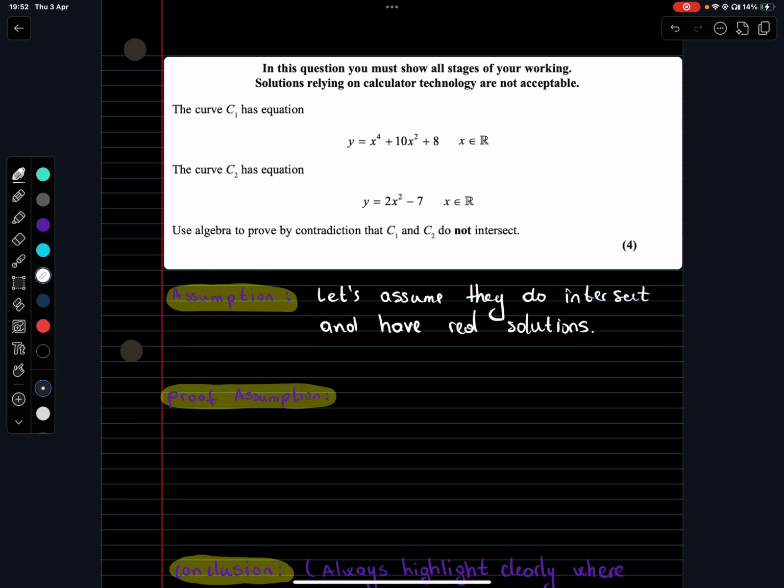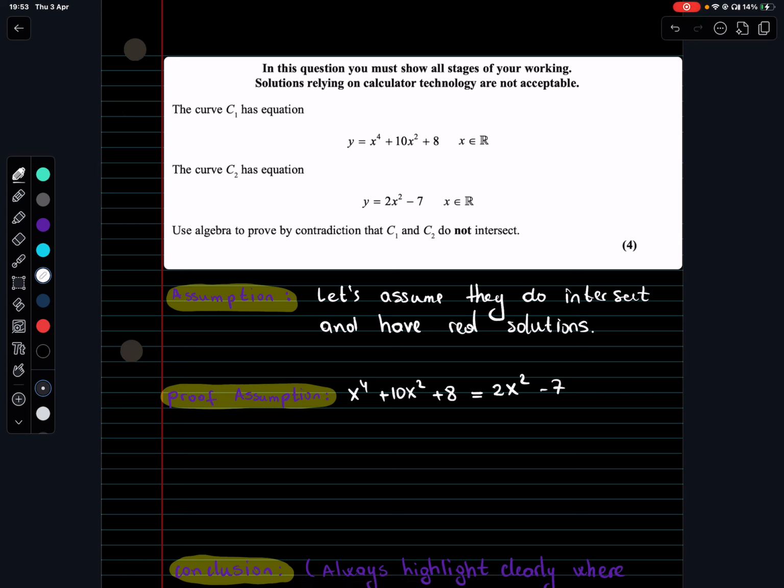So if two graphs do intersect, I can write the case as x to the power of 4 plus 10x squared plus 8 equals 2x squared minus 7. I can do that because they do intersect.